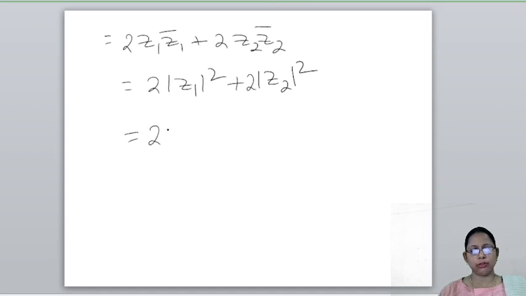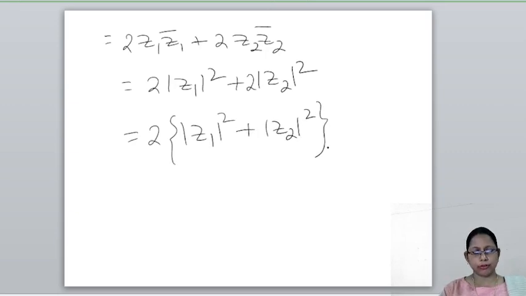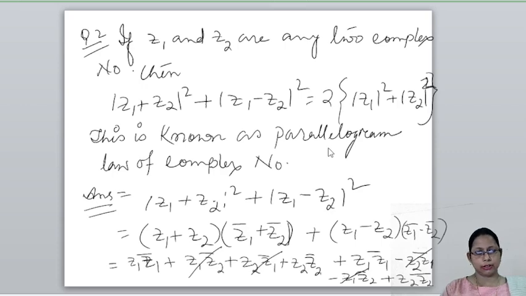Take 2 common, this is 2 times modulus Z1 square plus modulus Z2 square. So we get our result, left hand side is equal to right hand side.